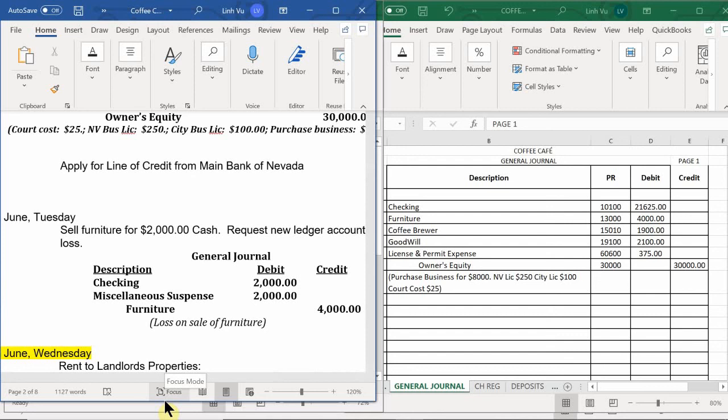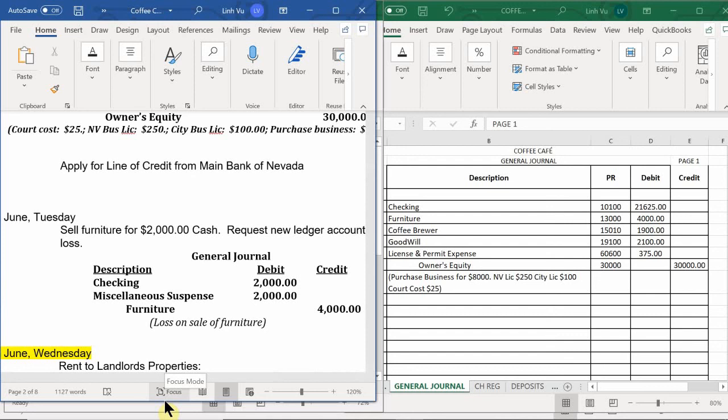This is theoretical. I don't have a loss on disposal of asset account. In this case, I'm just going to throw it into miscellaneous expense because I don't know what to do with this $2,000. You lost invisible money because you didn't spend $2,000 to get rid of your asset. This is going to be called a non-cash transaction, but I don't know what to do with this money.